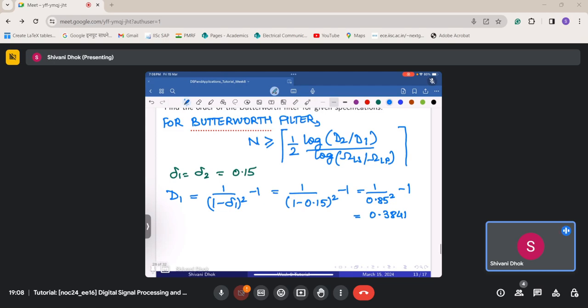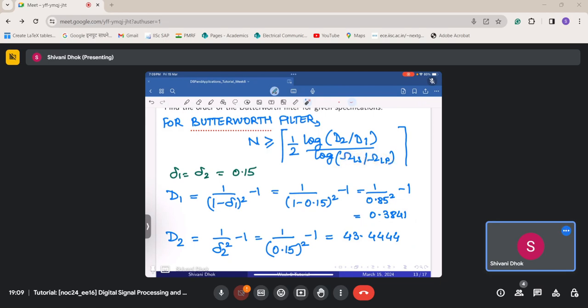And in similar way, we have d2. This is equal to 1 upon delta 2 squared minus 1, which is 1 upon 0.15 square minus 1, and this comes out to be 43.4444.